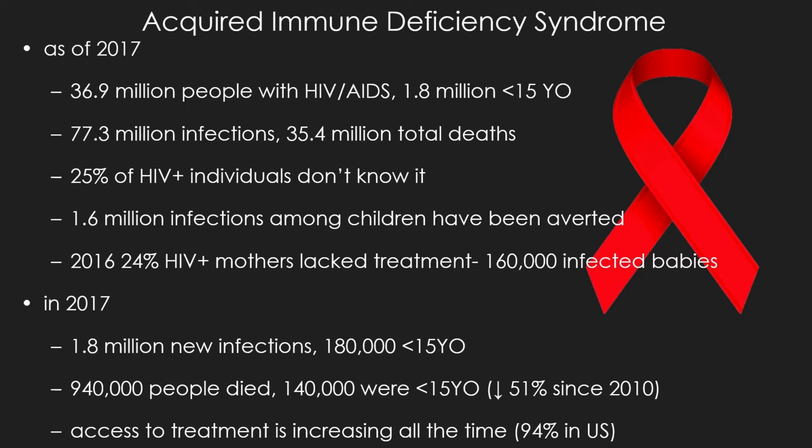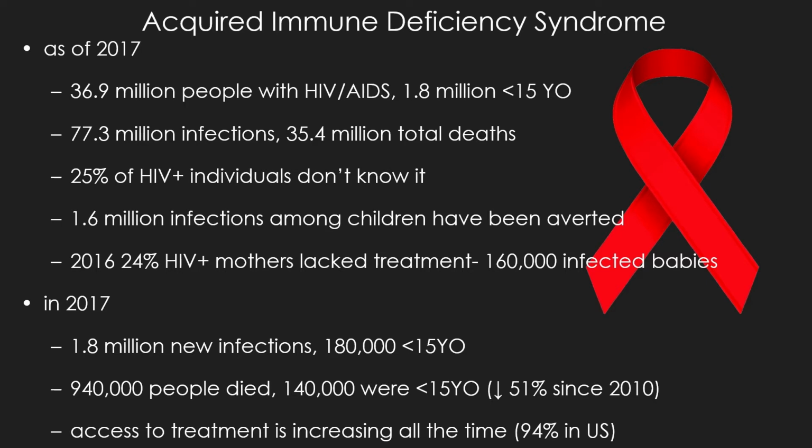So as of 2017, about 37 million people living with HIV and AIDS, 1.8 million of them under 15. In 2017, there were 1.8 million new infections, and about 180,000 of those were in children less than 15 years of age.